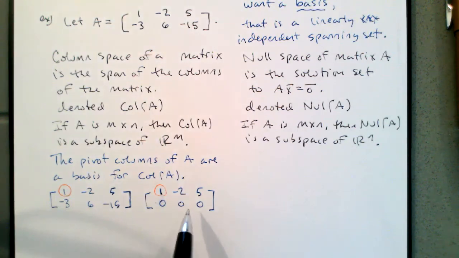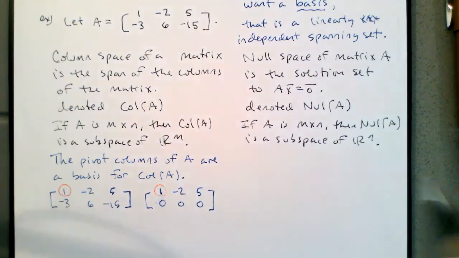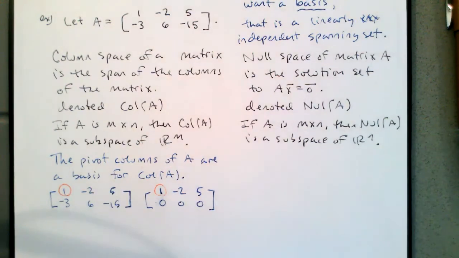The reduced row echelon form shows us where the pivot is, but the matrix has a pivot in the first row. The matrix A has a pivot in the first row, first column. So a basis for the column space of A is just that vector 1, -3.